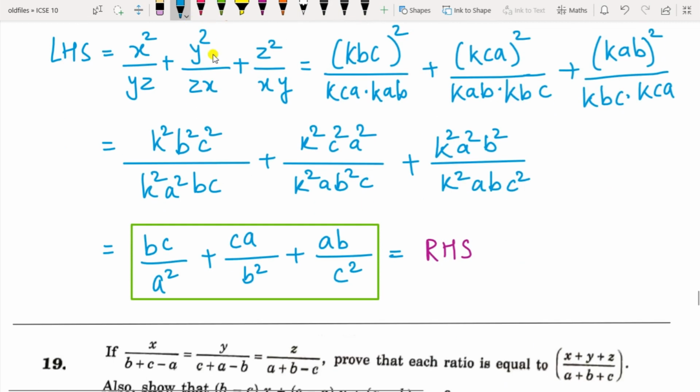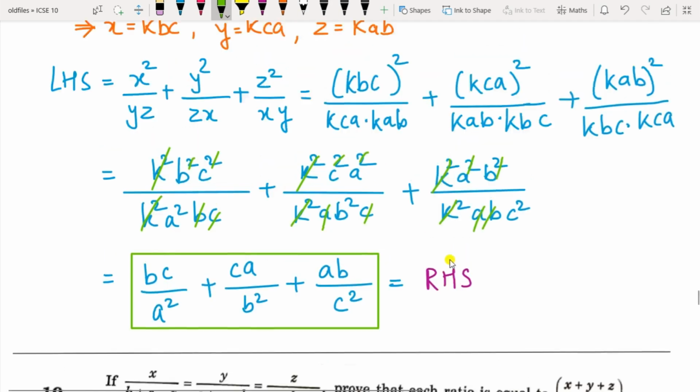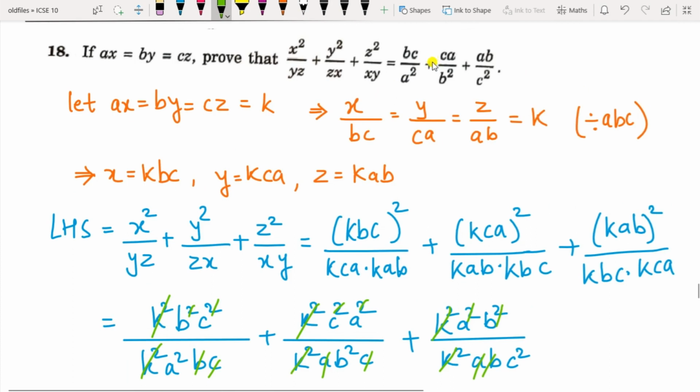So from here K square will get cancelled, and here one of the BC will get cancelled. Here also one of the AC will get cancelled. Here K square and one term of AB will get cancelled. So write the remaining. This is BC upon A square, CA upon B square, AB upon C square, and that is your RHS that was given in the question. Hence proved.